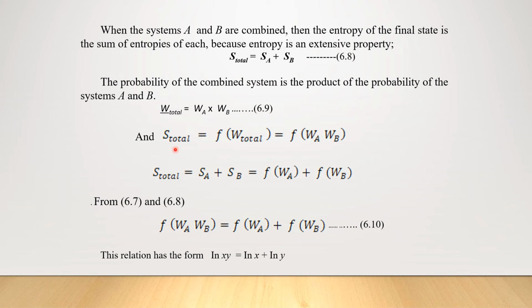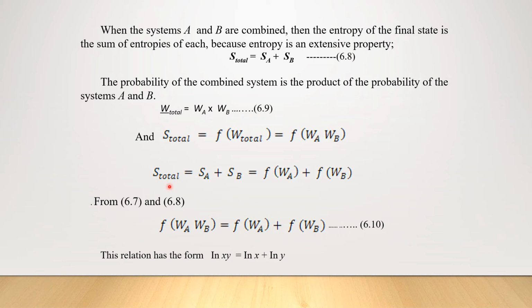And the total entropy S total is equal to a function of the total thermodynamic probability W total, which is written as a function of WA into WB. Since the total thermodynamic probability W is given by WA into WB, here we are writing WA into WB.